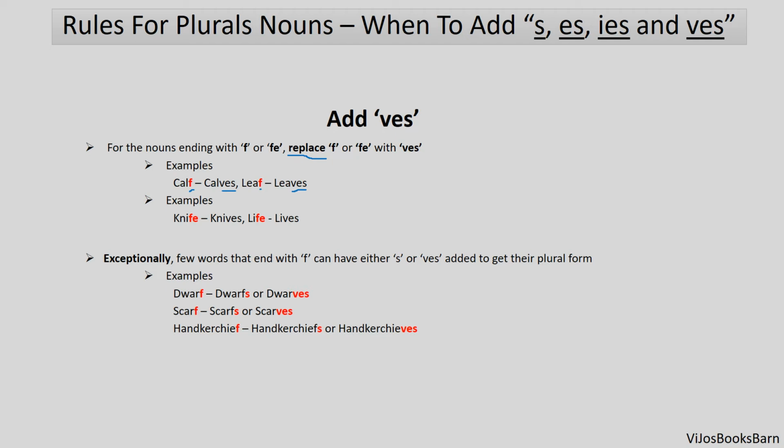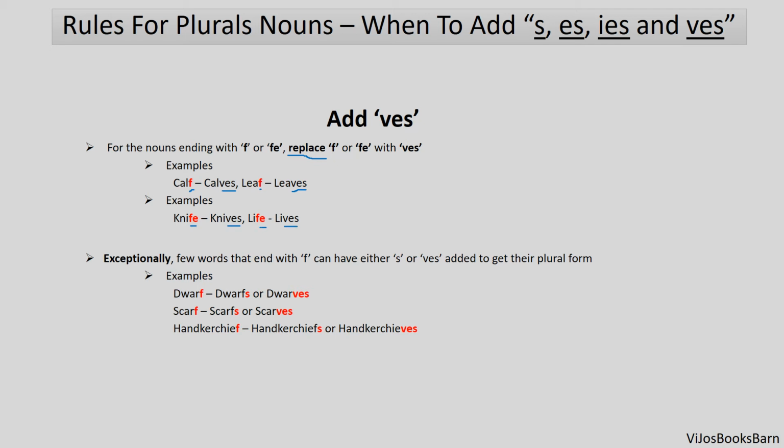Knife ends with FE. So in that case, replace FE with VES, knives. Or you can say it this way, replace the F with V and add ES. You can say it either way.